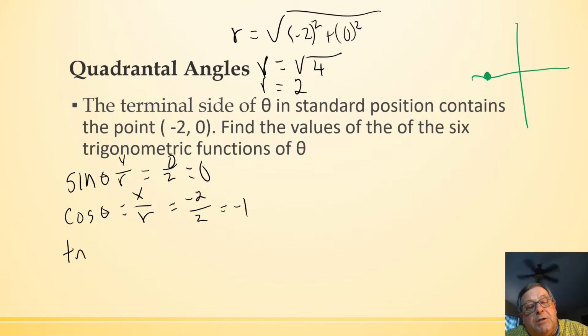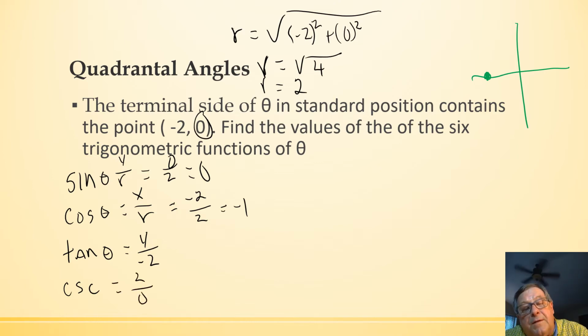Our tangent is y over x. Well, y is 0 over negative 2. Our cosecant is r over y, or the reciprocal of sine, but if r is 2 and y is 0, well then this is undefined.